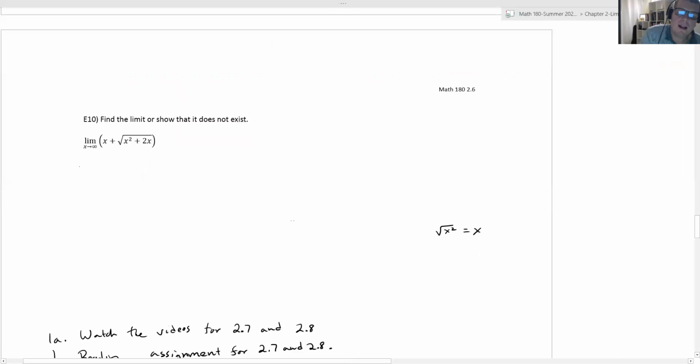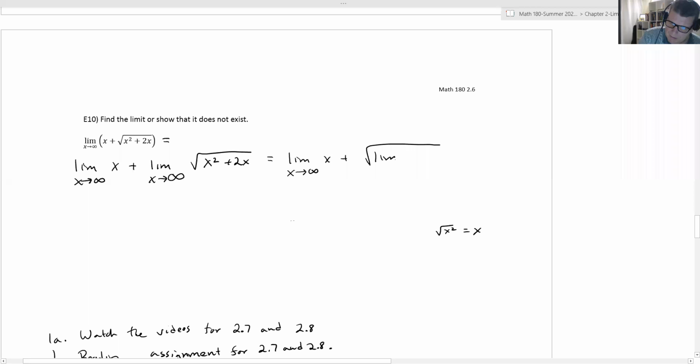So basically, the limit as x approaches infinity of x plus the square root of x squared plus 2x equals the limit as x approaches infinity of x plus the square root of the limit as x approaches infinity of x squared plus 2x.